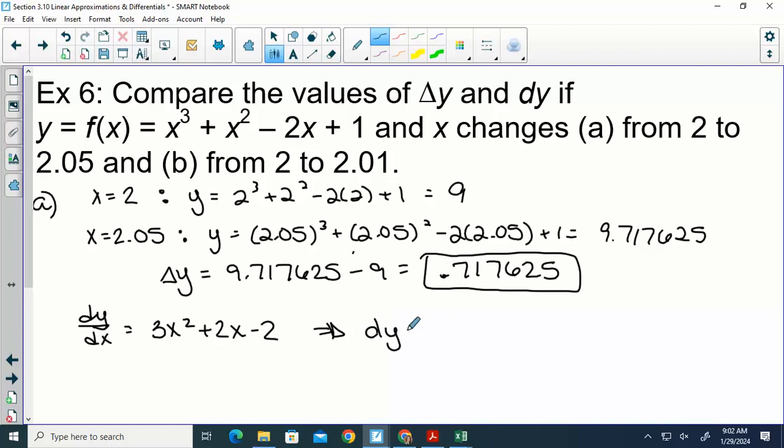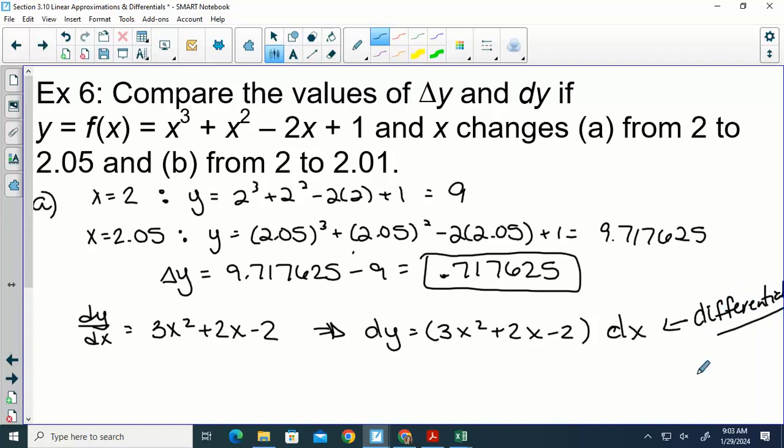So dy is that times my change in x. That is the differential. I think the first couple of homework questions just ask you to find a differential. It's just that formula. The derivative with a dx on the end.